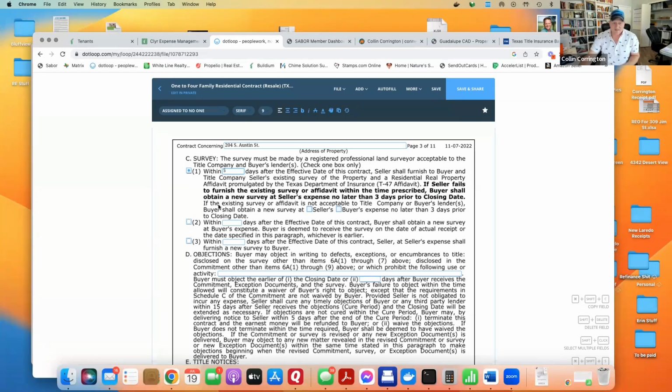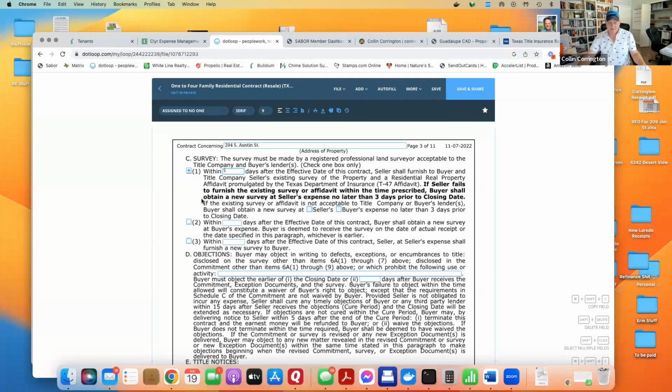So if you click this, the seller is automatically going to get you a new survey if they don't produce one. So when you check this box, you are checking that the seller is going to either give you the one they have or buy you a new one. That's what that means.